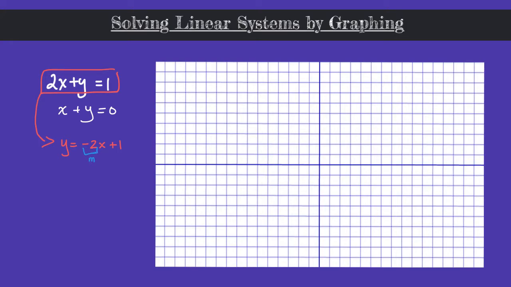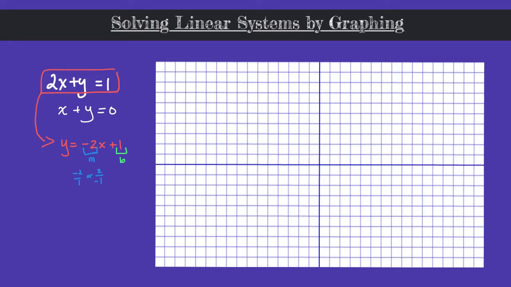You can represent this as negative 2 over 1, or 2 over negative 1, in terms of whether you're going to rise or fall or go left or right. And our b, or our y-intercept, is 1.